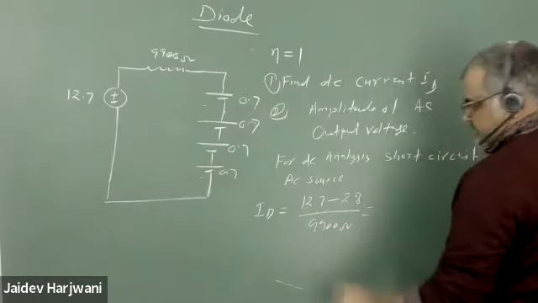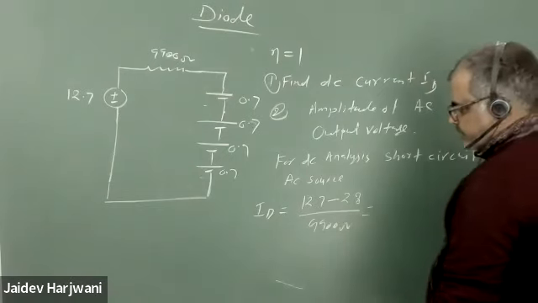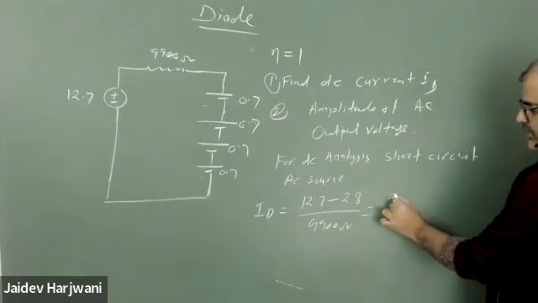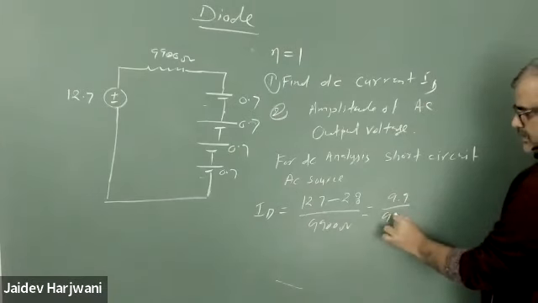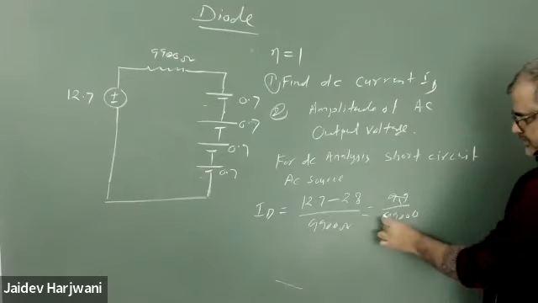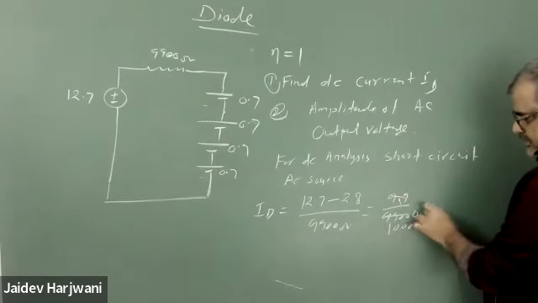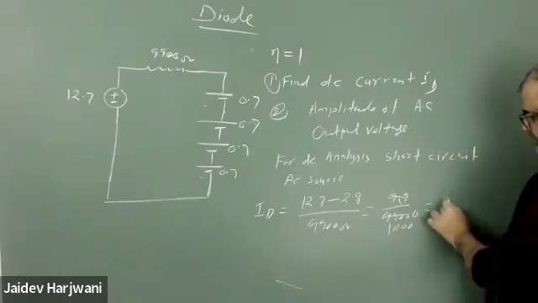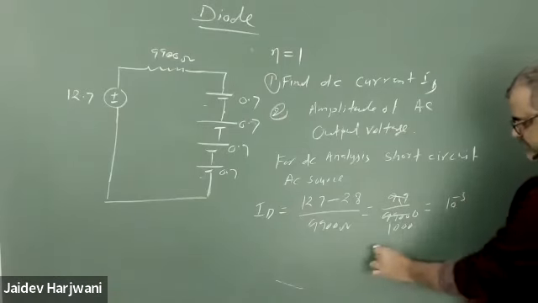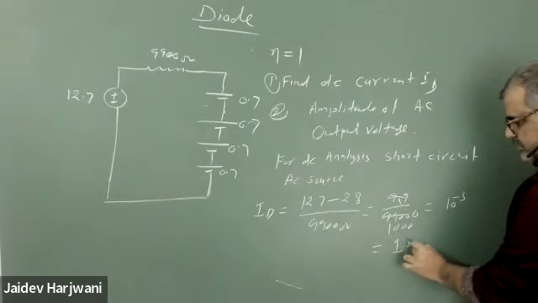This will give how much? If 2.8 is removed, how many volts? 9.9 volts. So this becomes 1, 10 raised to power minus 3, that is 1 milliampere, ID.